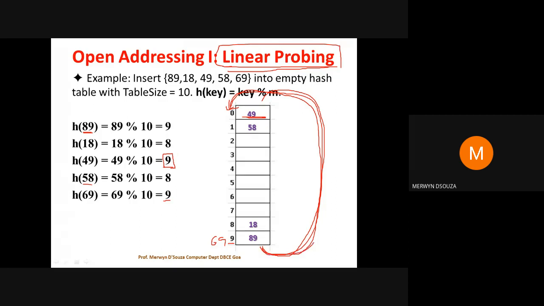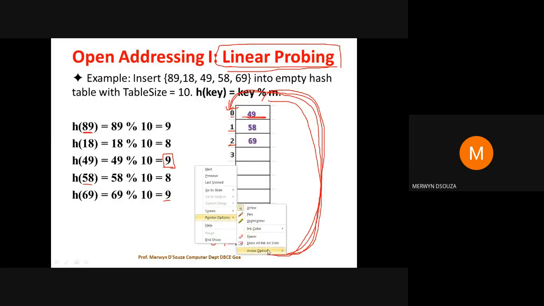I go to the next index 0 and try to insert there, but again there is no slot free. So I go to 1, I try to insert there, the slot is not free. So I come to 2, the slot is empty. So 69 will go to slot 2. This is how the collision is resolved using linear probing.